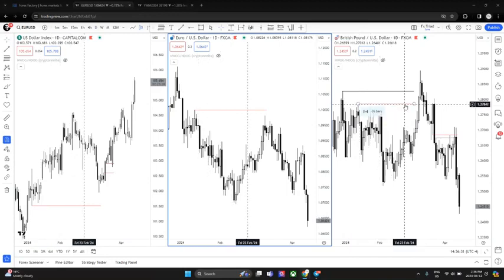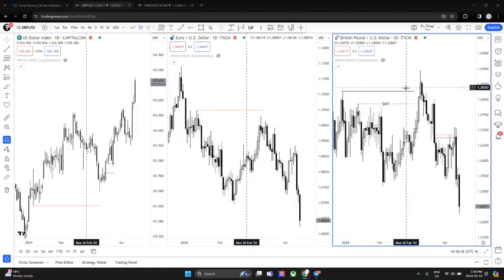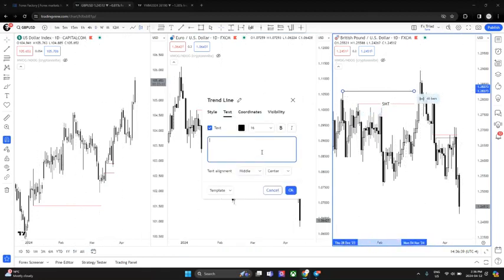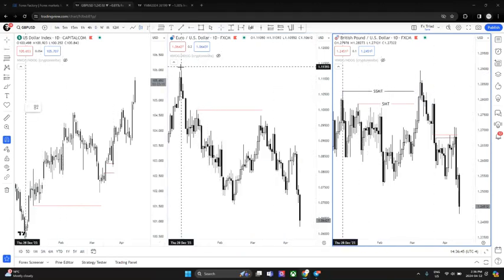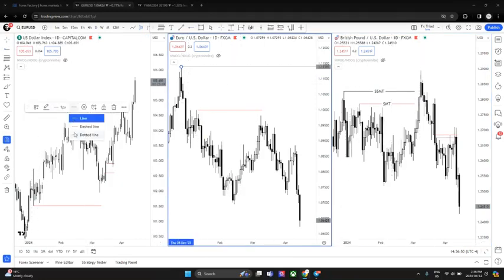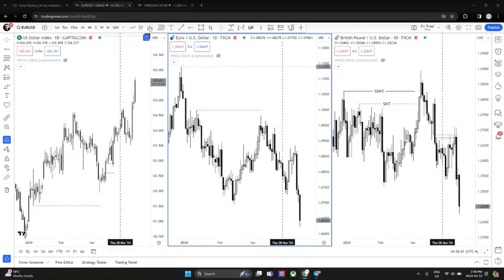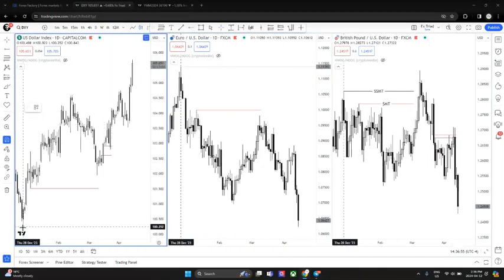So right here, price trading above this high was SMT. Price trading above this high was sequential SMT. Again, this high, price failed to go above it, and in regards to the dollar, we failed to go below this low.